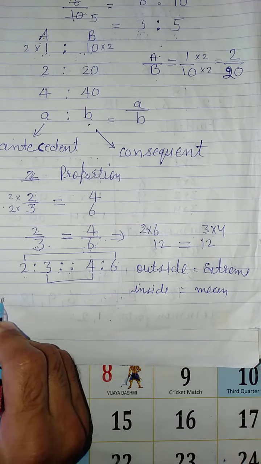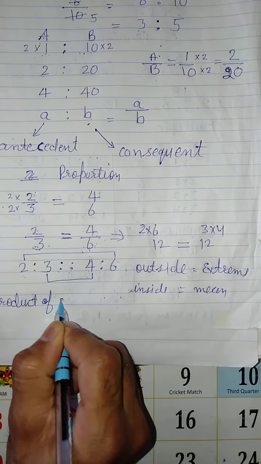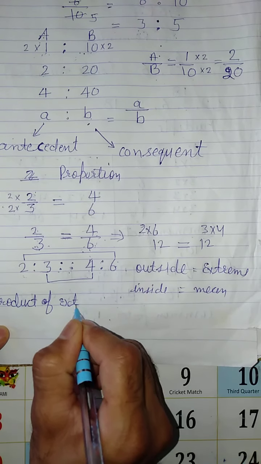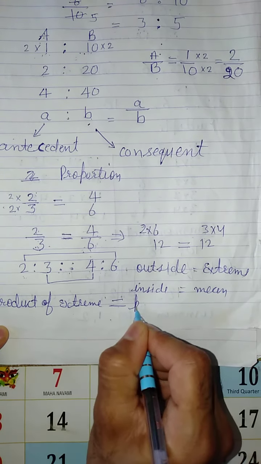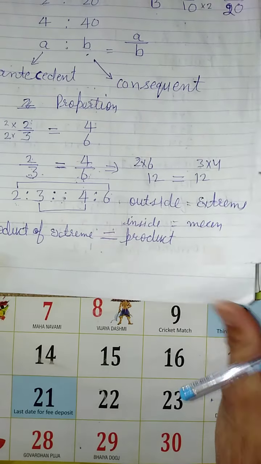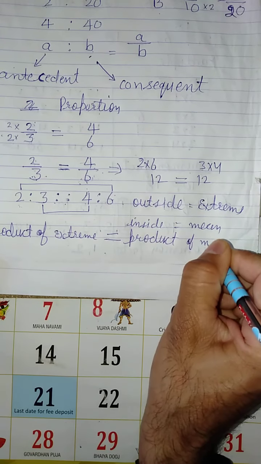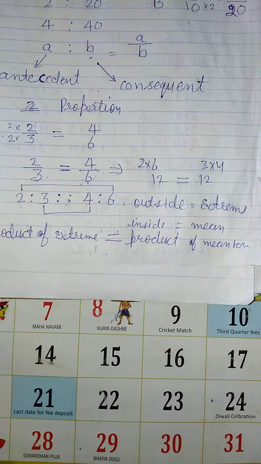And see, the product of extreme terms is always equal to the product of mean terms, right?